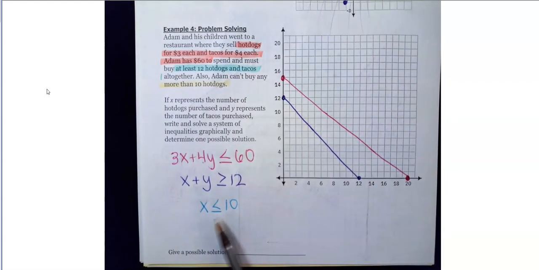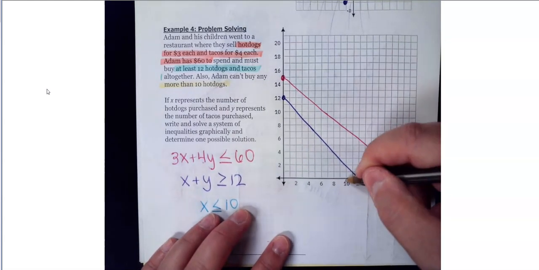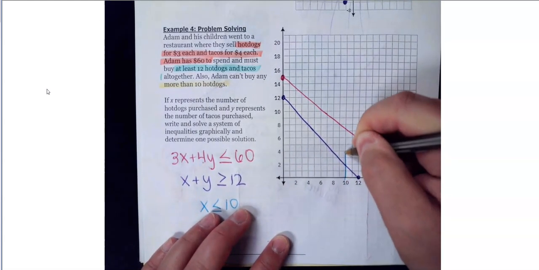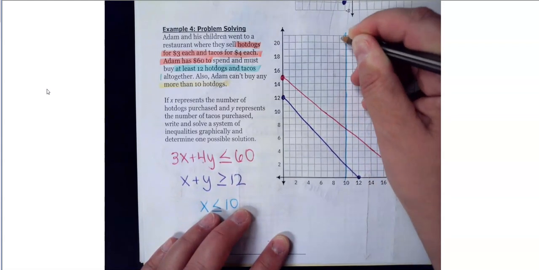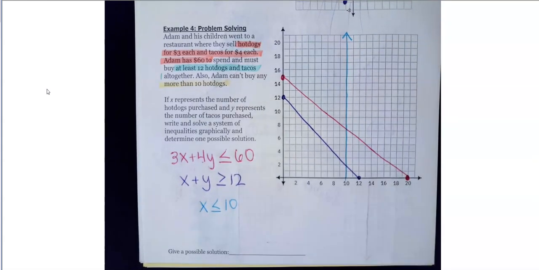Now, I've got a third inequality here that says he can't buy more than 10 hot dogs. All right, so that's just going to be a nice vertical line right here. And if you've got a vertical line, less than is going to go to the left.